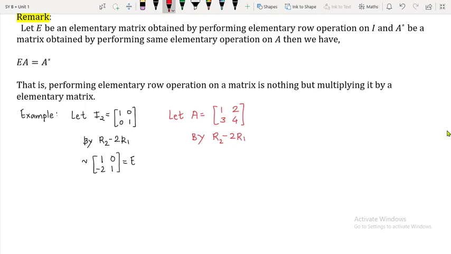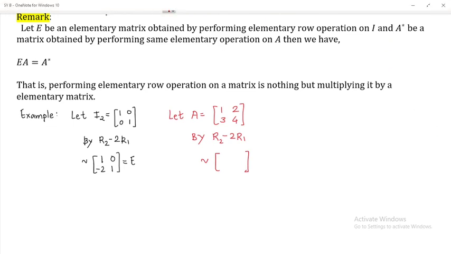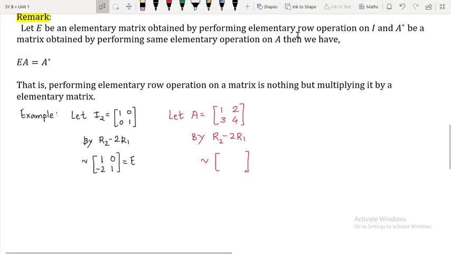So let us see what we get. Whatever matrix we are going to get, I am going to call it as A star. That is what it is said here. So let A star be a matrix obtained by performing same elementary operation on A. And let E be an elementary matrix. So this is our elementary matrix E.